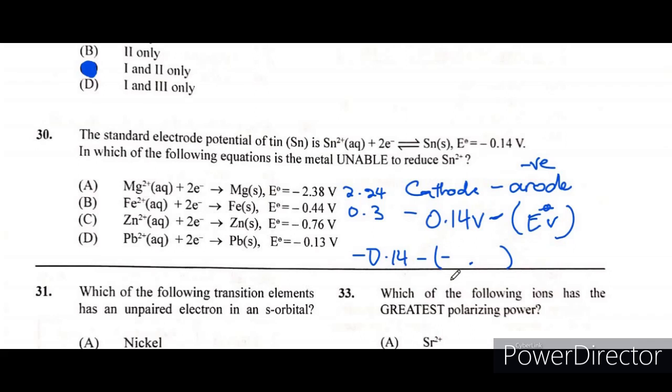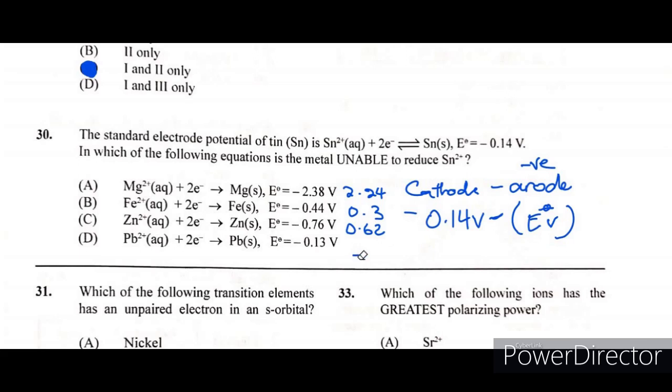Let's try the other one, negative 0.14 minus negative 0.76. I got 0.62. Therefore, it is feasible. Zinc will be able to reduce the tin metal.